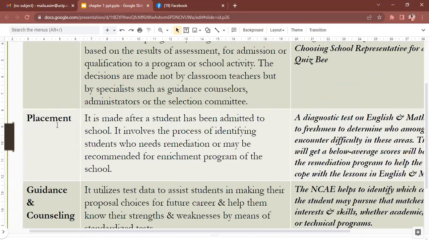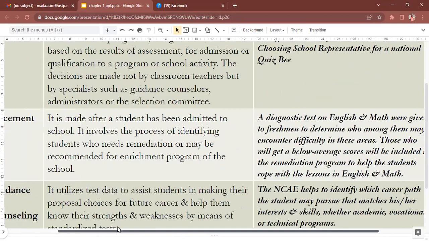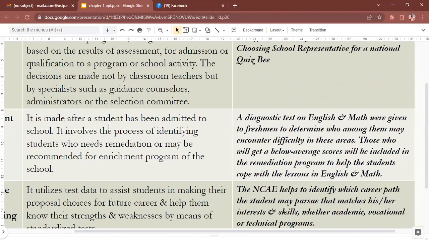As for placement, it is made after a student has been admitted to the school. Meaning the student has entered the school and has been accepted. So it involves the process of identifying students who need remediation or may be recommended for the enrichment program of the school. For example, a diagnostic test on English and math was given to freshmen to determine who among them may encounter difficulty in these areas.